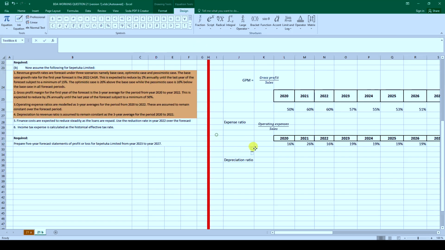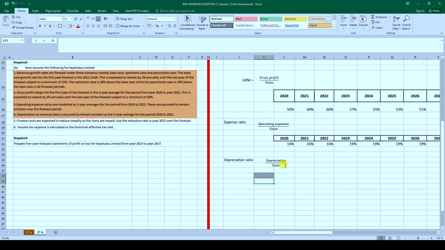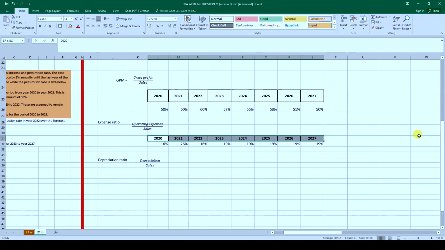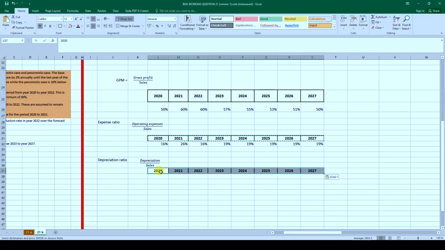Come here and say that the depreciation ratio is just depreciation divided by the sales. Sales, like that. And if we have that, we just pick these values here with your permission. Copy, and we just paste it down over here. Control V.